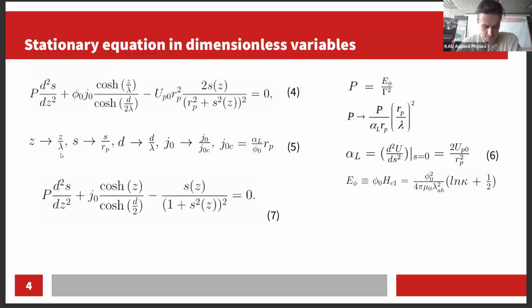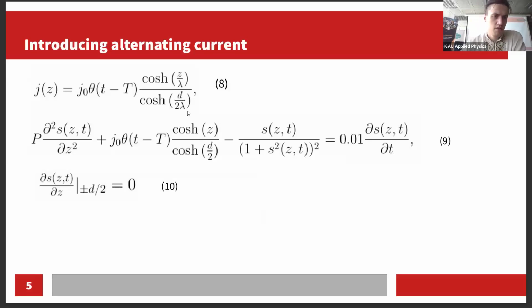Next, we de-dimensionalize all of the variables that we have, giving us equation 7, and introduce a time delay, as we want to study the non-stationary, or time-dependent, behavior of a vortex thread when a stationary current is switched on by this step function theta at the moment t.